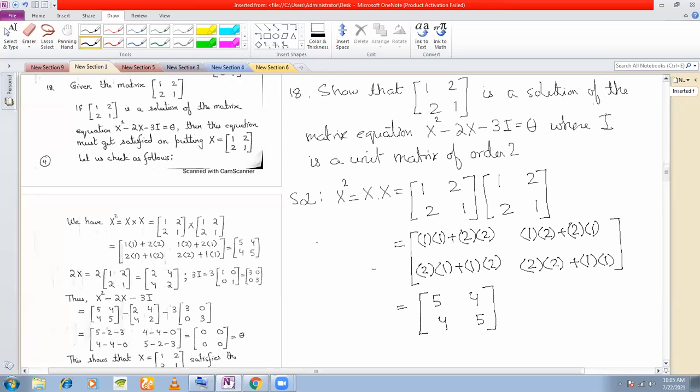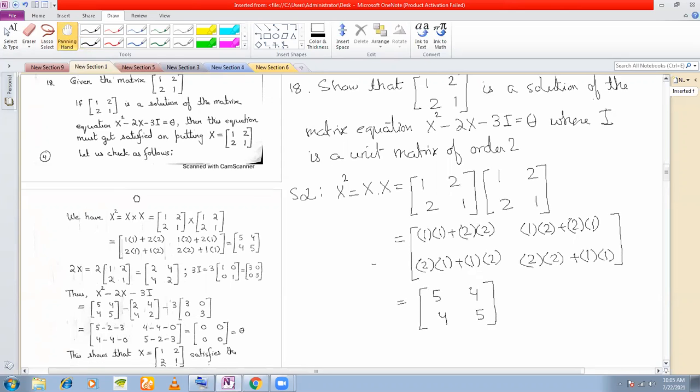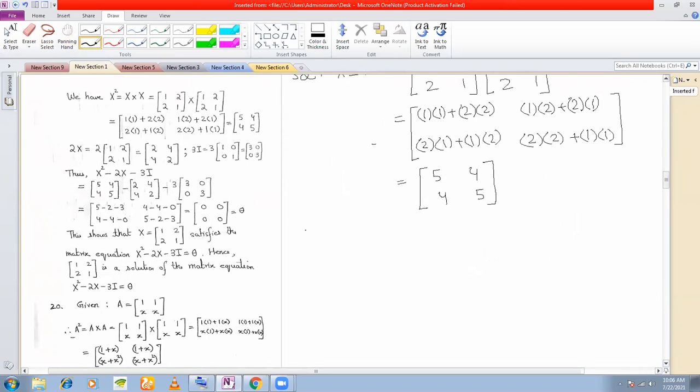This is x square you're getting. Okay. Next, we proceed to calculate 2x. We get here 2 into 1, 2 into 2 is 4, 2 into 2 is 4, and 2 into 1 is 2.